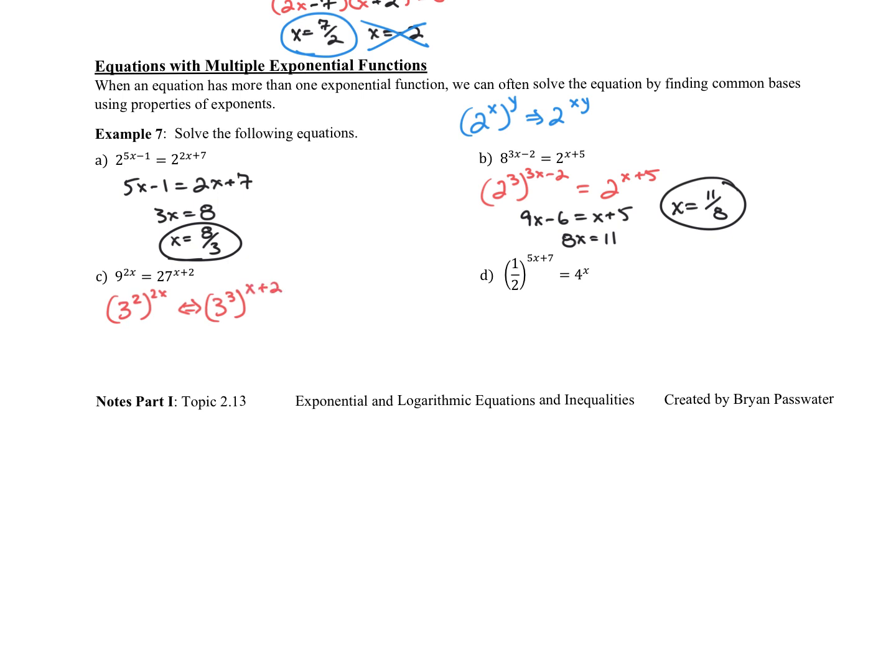Now I can get rid of my base 3's. What do I have on my left side? 4x is equal to 3x plus 6. And so x equals what? 6. All right, cool.